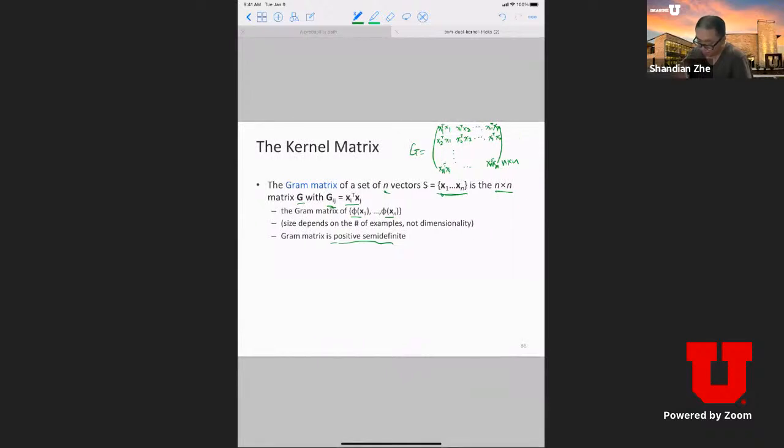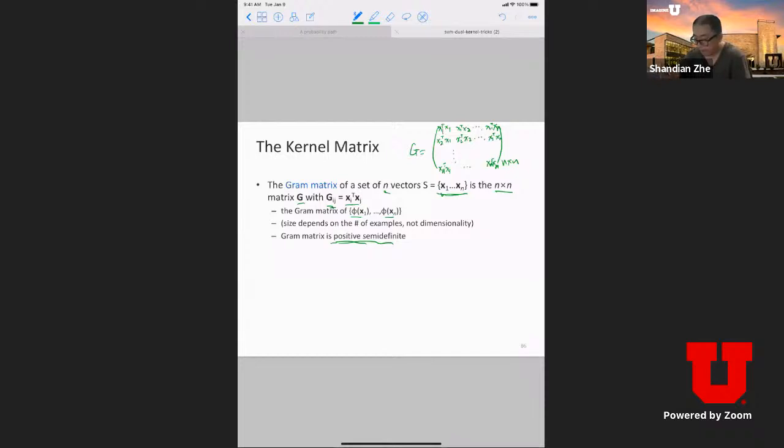To show that the Gram matrix is positive semi-definite is actually quite straightforward. It might be a homework assignment of your linear algebra course. Here I just give a very brief sketch, and you can verify later.